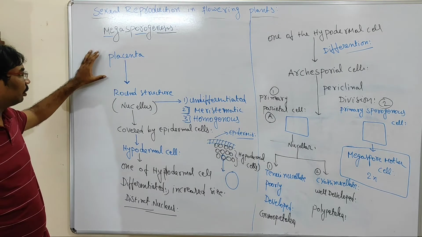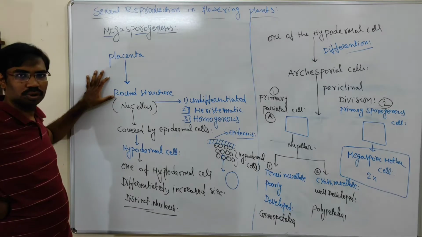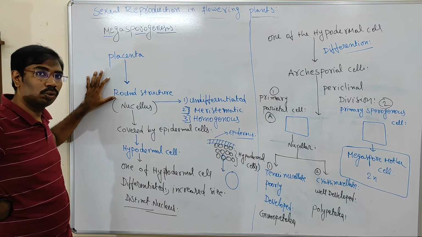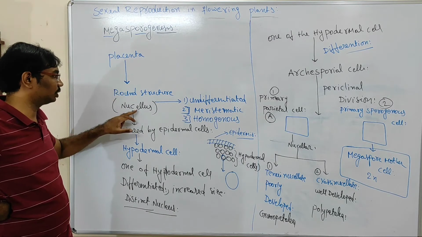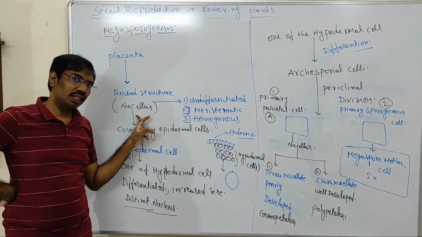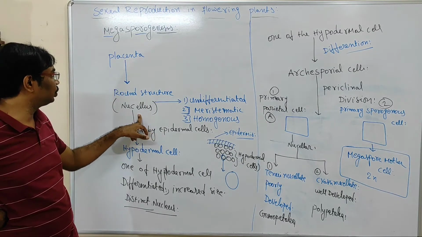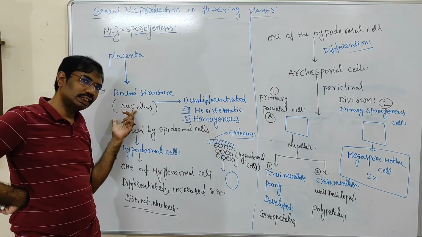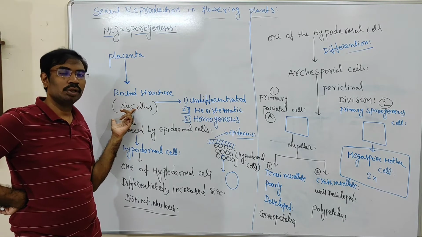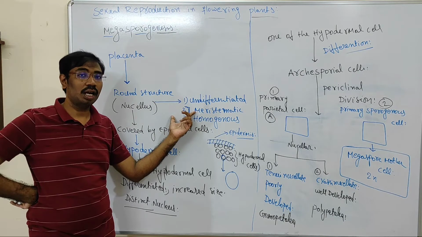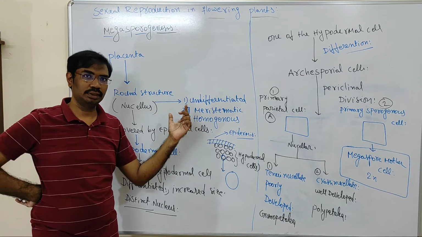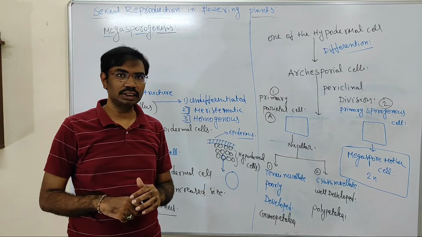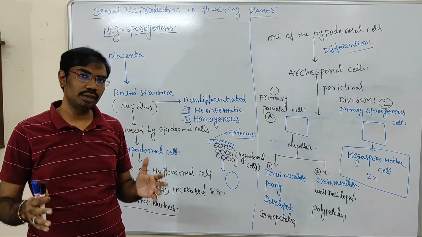The placenta produces a round structure, a round outgrowth. That round outgrowth is called the nucellus, the nucellar tissue. So the nucellus is produced from the placenta. What are the characters of the cells present in the nucellus? The nucellus cells are undifferentiated cells. Generally there are two types of cells: differentiated cells and undifferentiated cells.